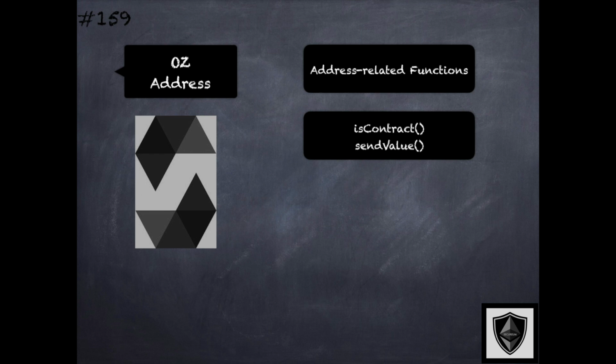1, if it is an externally owned account. 2, if it is a contract account but that is in construction, so within the constructor of that contract account. 3, if it is an address where a contract will be created. And 4, if the address specified had a contract in it but was later destroyed.